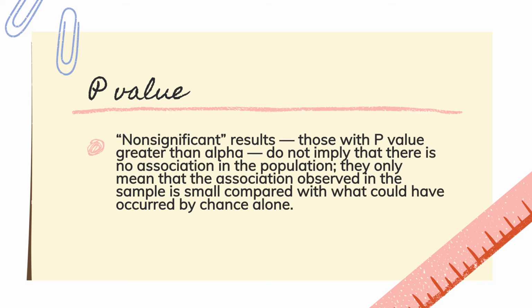When you say non-significant result, this refers to a p-value greater than alpha. It does not imply that there is no association in the population. It only means that the association observed in the sample is small compared with what could have occurred by chance alone.